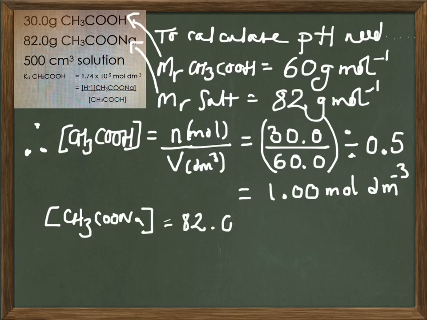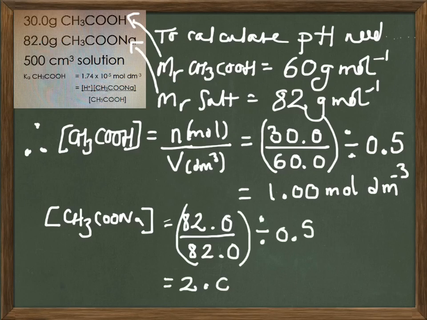So our weak acid concentration is 1 mole per decimetre cubed, and similarly for our salt, again mass divided by Mr, giving you your moles, divide that by the volume in decimetres cubed, which is 0.5, and we get a concentration for our salt of 2 moles per decimetre cubed. So these are both our initial concentrations of our weak acid and the salt of our weak acid, sodium ethanoate.